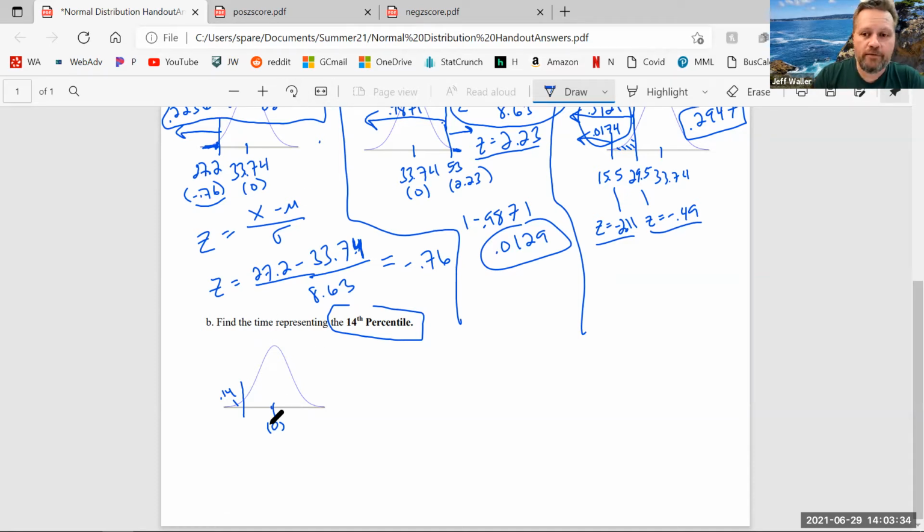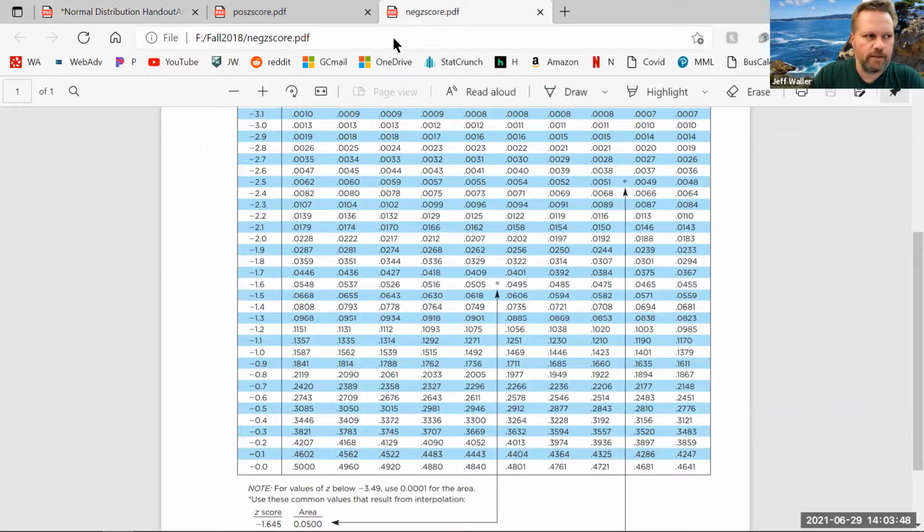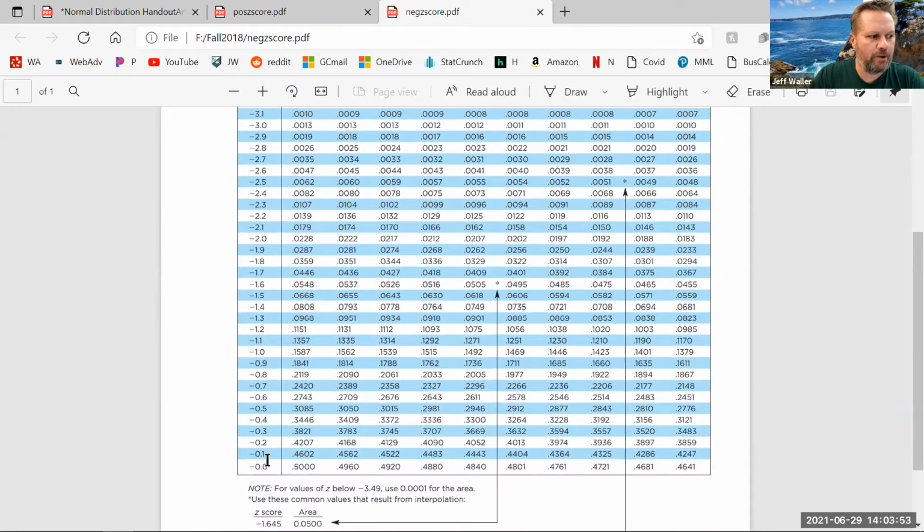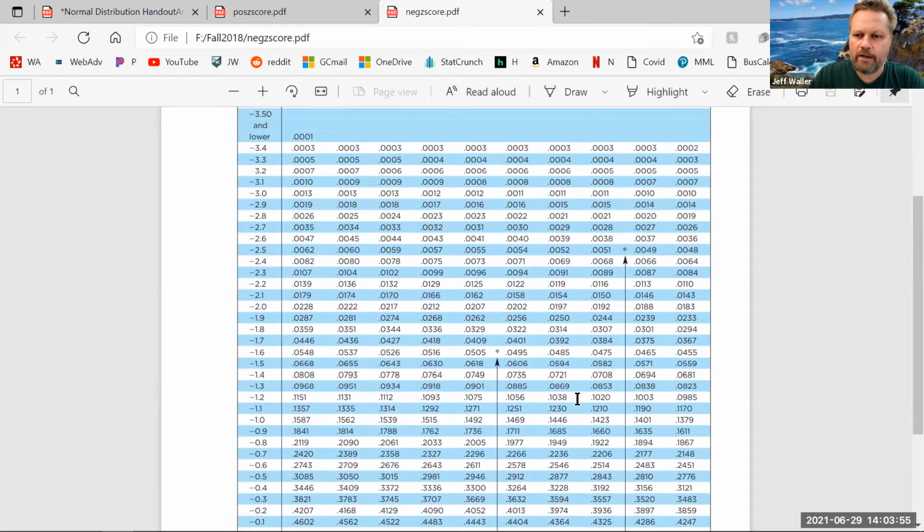Well, first off, will this answer be a positive or negative z-score? Obviously, it's going to be a negative z-score. So I'm going to look at the negative z-score chart. I'm not going to look up negative 0.14, because it's an area.